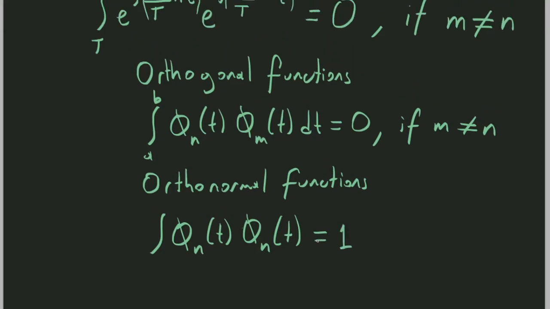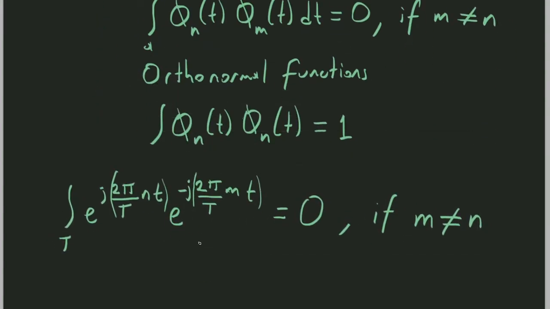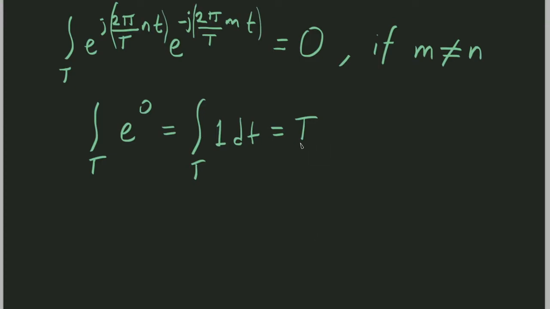So let's go back to our formula here. Now to make this formula orthonormal, we need the result of that integration to be 1. So when m equals n, inside of this integration would be e to the 0, which is equal to the integration of 1 dt, which is equal to T. Therefore, if you multiply both sides by 1 over T, then that integration will yield 1.